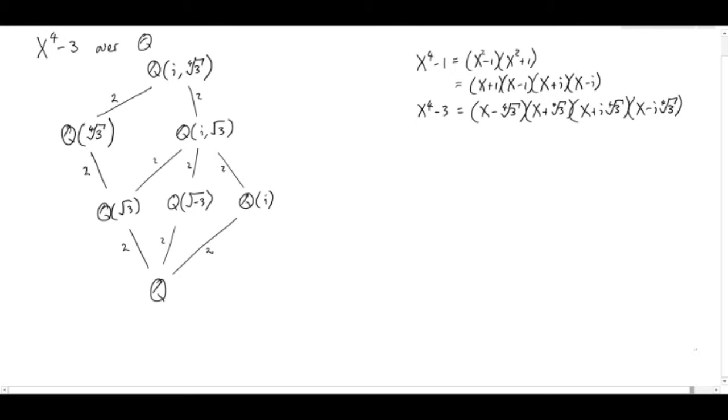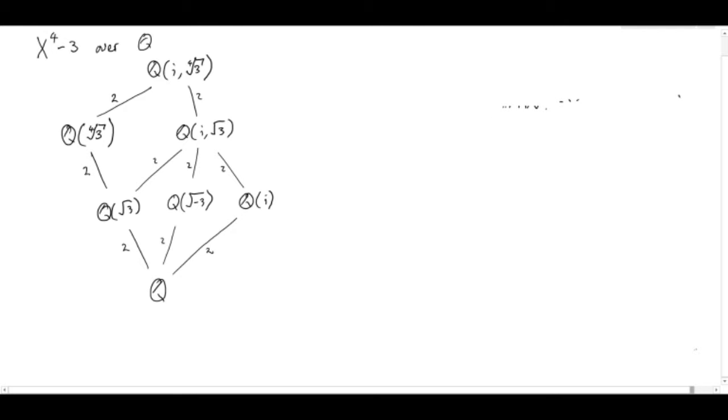What does the Galois group on the other side look like? We've got the identity. This extension is Galois of degree 8, so we expect a group with 8 elements.